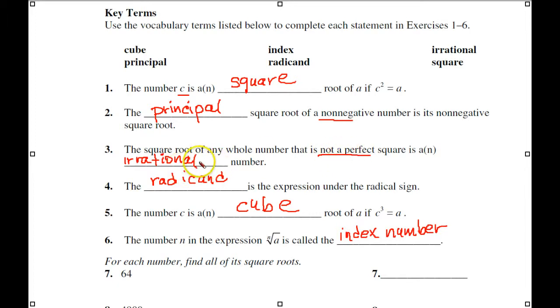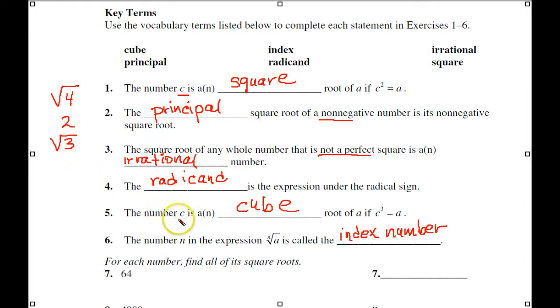And this goes back to our number system of real numbers, back to Chapter 1, where we went over what irrational numbers are. So if you have the square root of 4, 4 is a perfect square, that's going to be 2. But then if you take the square root of 3, 3 is not a perfect square, so the square root of 3 is irrational.